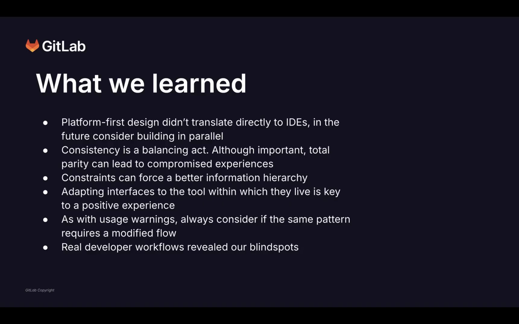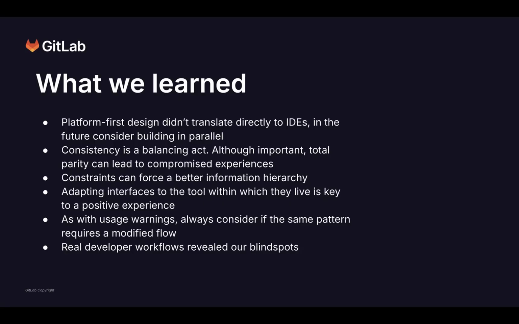Constraints that we had, within a product that we don't control, that we're just an extension of, actually help us force a more easy information hierarchy, I think, relative to what we've been doing with our extensions in the past.